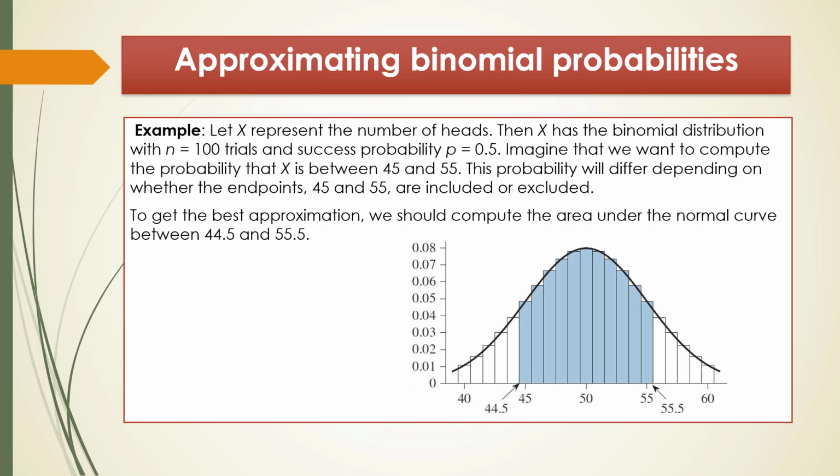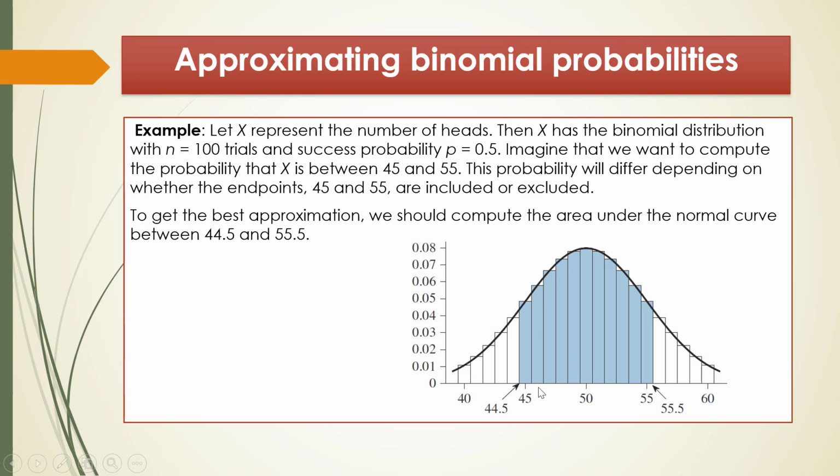Let's look at this histogram. The histogram is using binomial distribution. And to compute the probability that x is between 45 and 55, we basically add these rectangles.